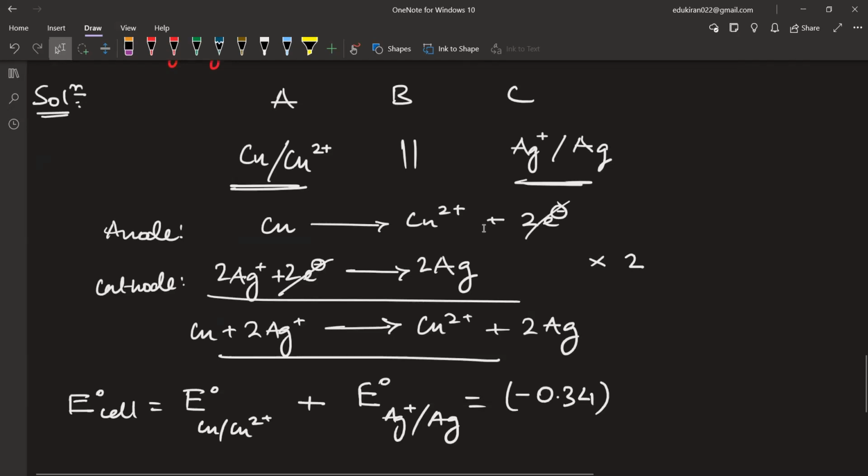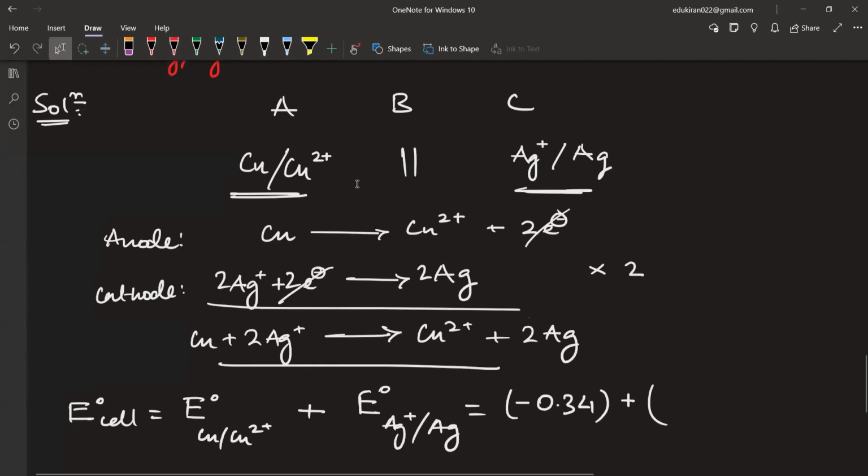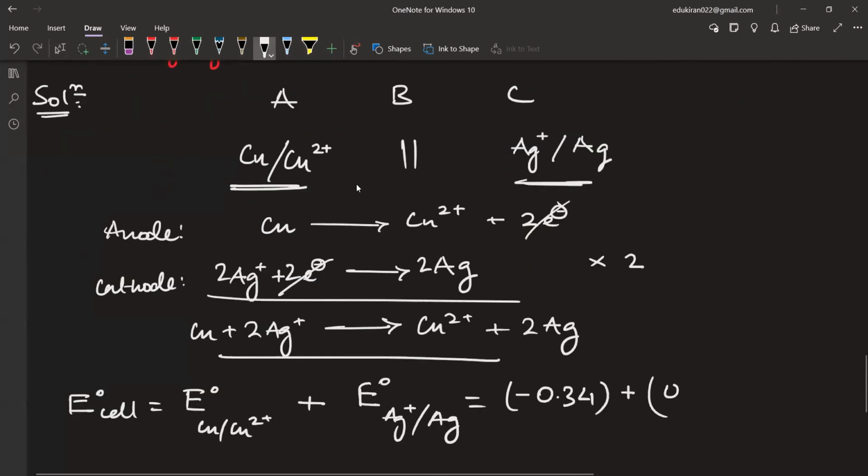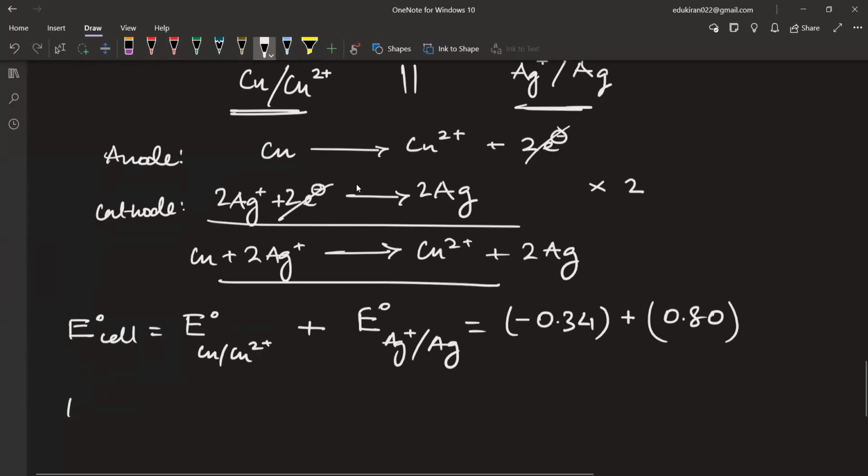Look at the question. You have written the question now, all of you. Fatima, Ahmed, Sara. Yes, sir. So what will E naught Ag plus to Ag be? What will this value be? Sir, 0.80. 0.80. Very good. Now tell me, how much is E naught cell coming to?